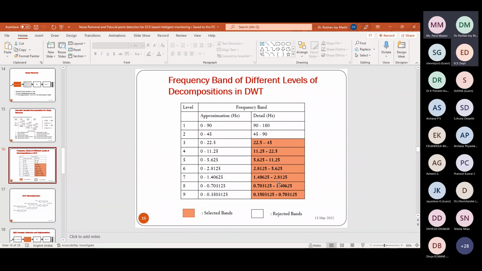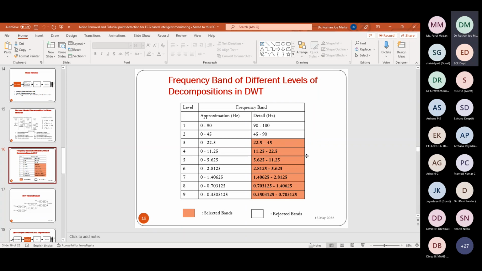So seeing this ECG signal and its various bands, we require only the marked bands. What we are considering is 22.5 to 45 Hertz, the third detail subband, and so on for the other required bands.